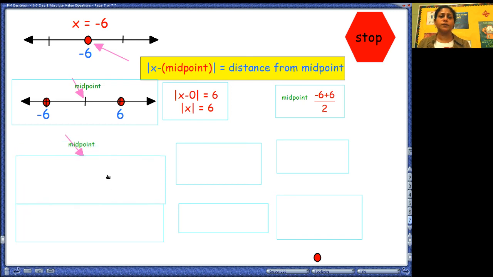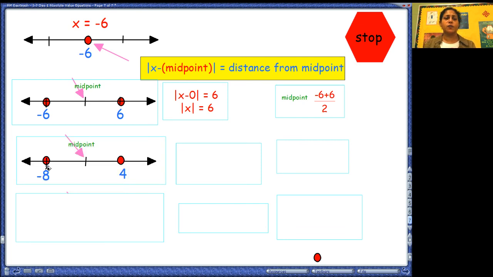In the next one, we have two numbers marked, -8 and +4. Because there are two answers, you know automatically this is an absolute value equation. So you're going to find the midpoint by adding the two numbers and dividing by 2. It turns out that the midpoint is -2.